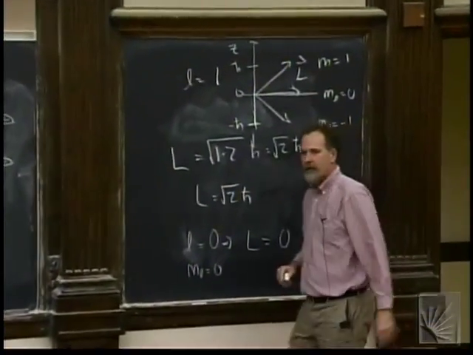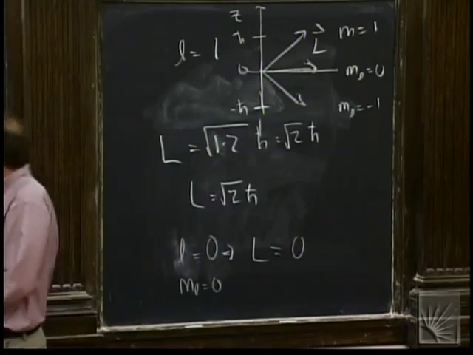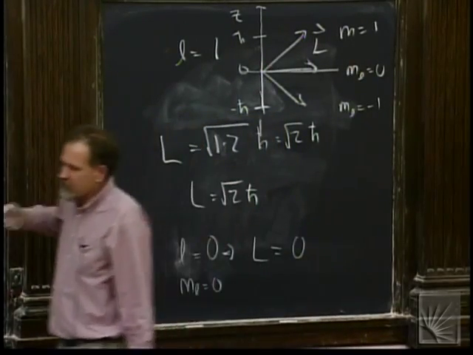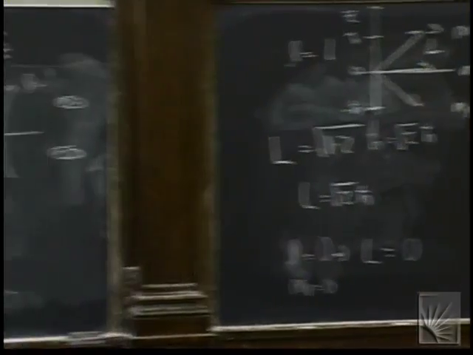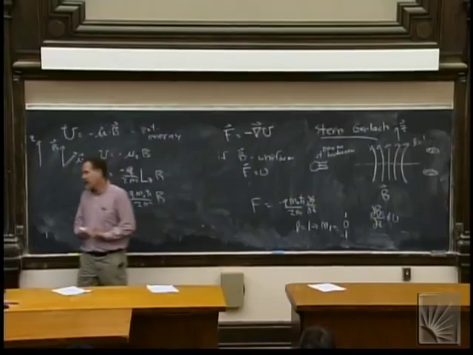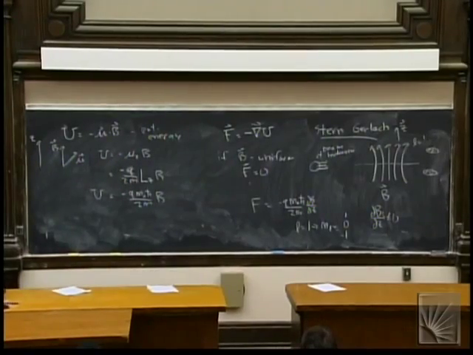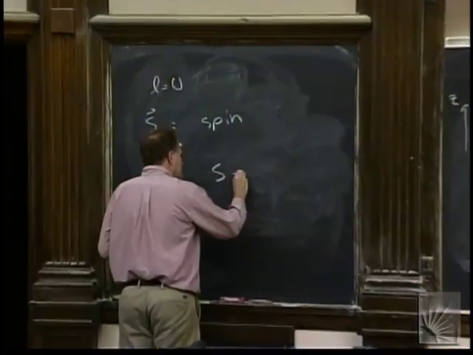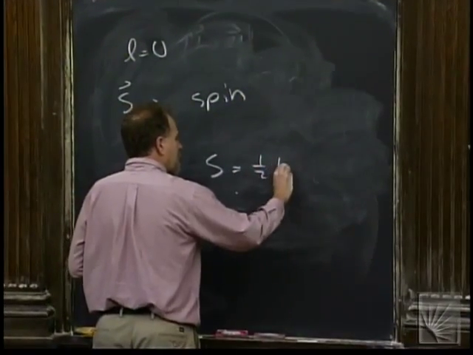For S, it's just handed to us as an experimental fact. You can ground it in higher level theory, but at some level it's just imposed upon us as experimental fact. And also imposed upon us is the fact that the value of the spin is 1/2.